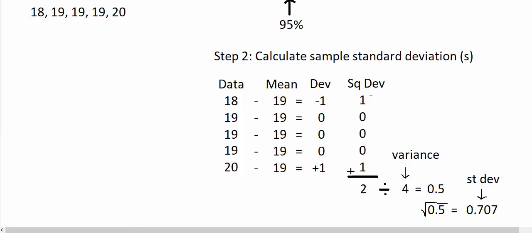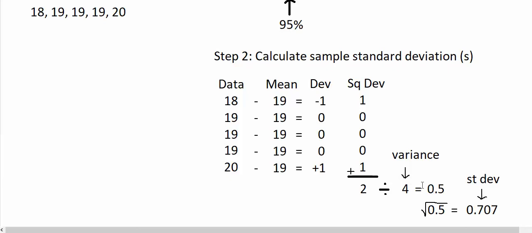We square each deviation. In other words, we multiply each deviation by itself. We add up the squared deviations, and we divide by n minus 1. Remember, when you calculate a sample standard deviation, you divide by 1 less than the sample size. Our sample size is 5, so we divide by 4.